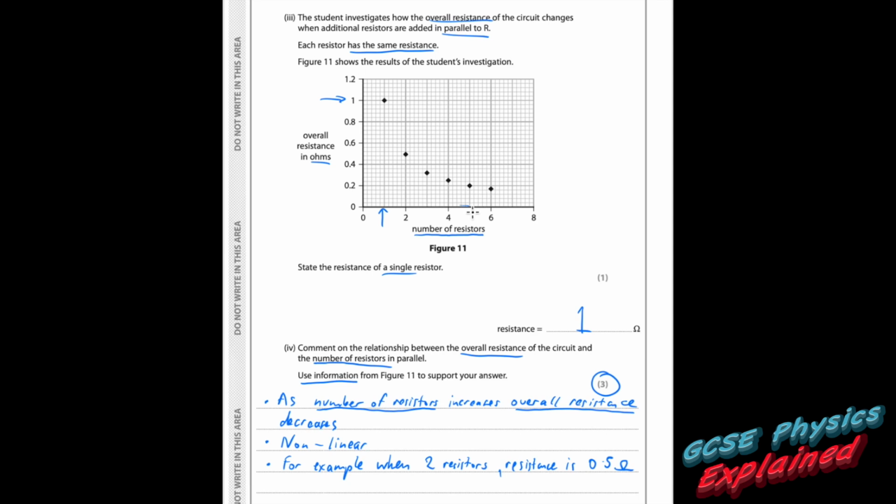When we've got 5 resistors, the overall resistance is 0.2. So that's a nice easy thing to read off the graph. Okay, so that just backs up what I'd said before. As the number of resistors increase, the overall resistance decreases.